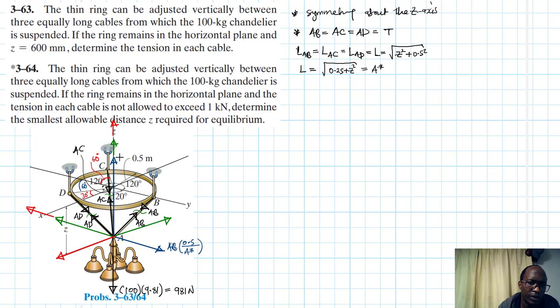And then this component is just going to be equal to AB by the length along the y-axis. Mind you, we didn't mention our reference. Our reference is A, which is 0, 0, 0. So AB here is the height Z divided by A star. And then we go to AC.